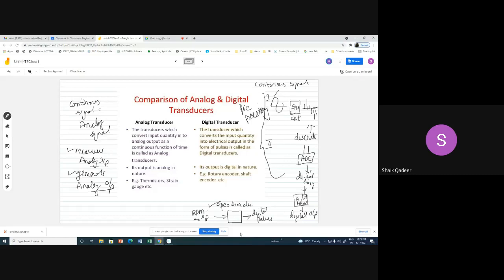The details you will learn in some course which discusses the working of the speedometer. Hope it is clear to everybody. All classifications are covered now. Inverse transducer and actual transducer are not necessary for you people. If time permits, I will explain them a little later.